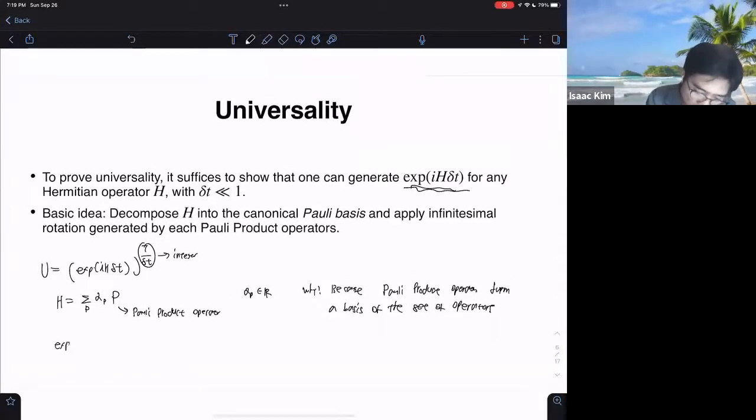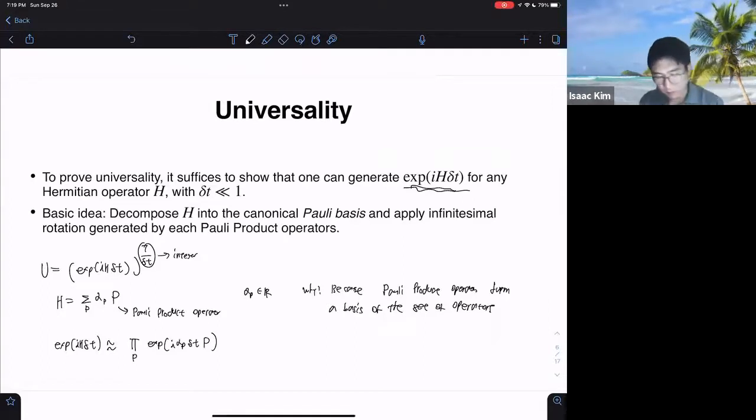So then you can see roughly how this works. What you do is decompose this exponential of iH delta t into roughly the product over P of the exponential of i alpha_P delta t P. Of course, all these terms don't generally commute with each other, but in the limit that delta t goes to 0, this equation is approximately true.